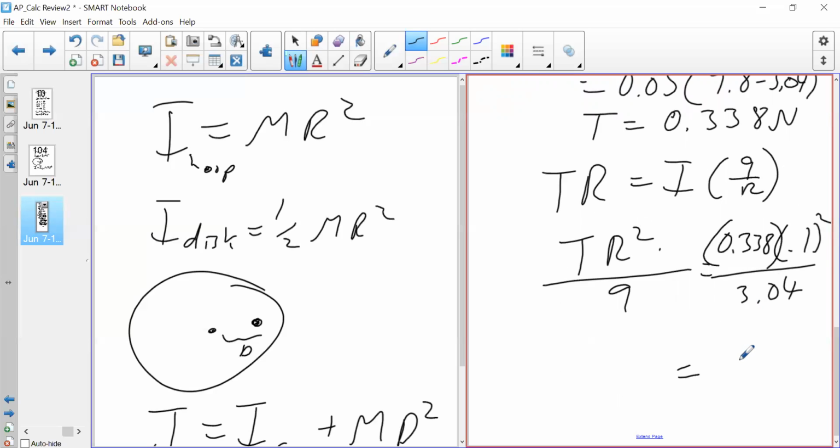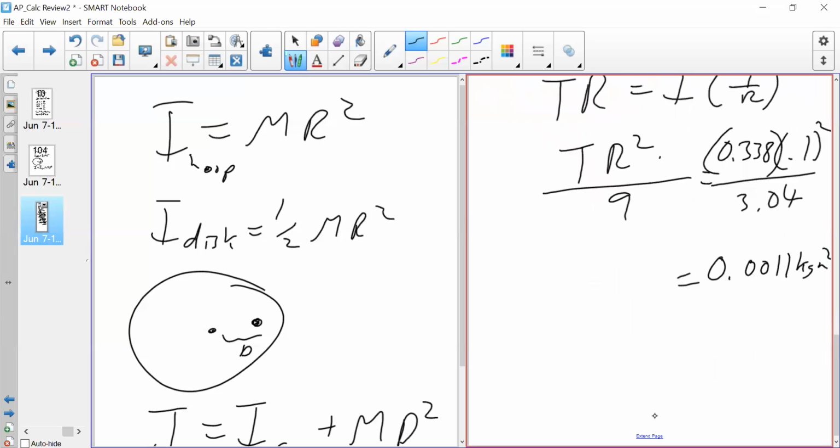That comes out to be 0.0011 kilogram meter squared. They got 0.0013. Who cares, it's irrelevant. It's all in the guesstimation of that slope. It's off a little bit, but off is relative. So that's the moment of inertia of this rotating pulley.